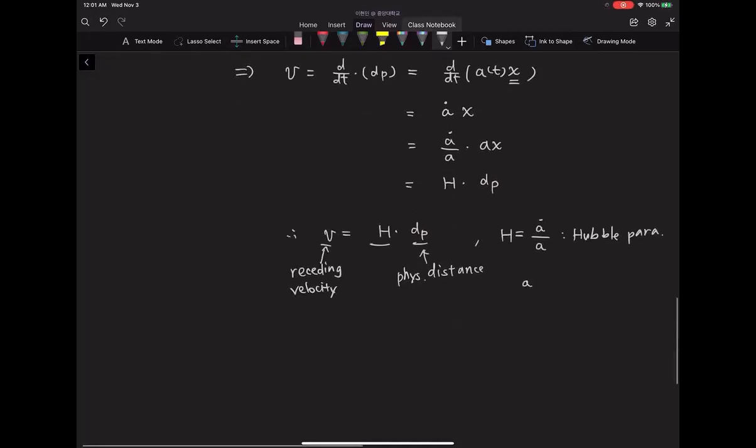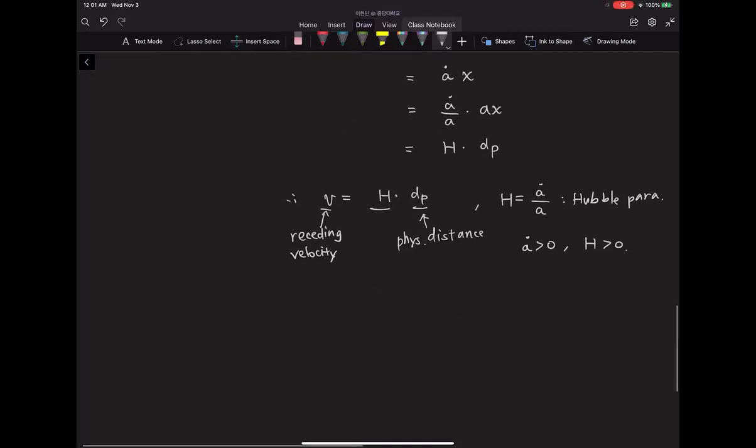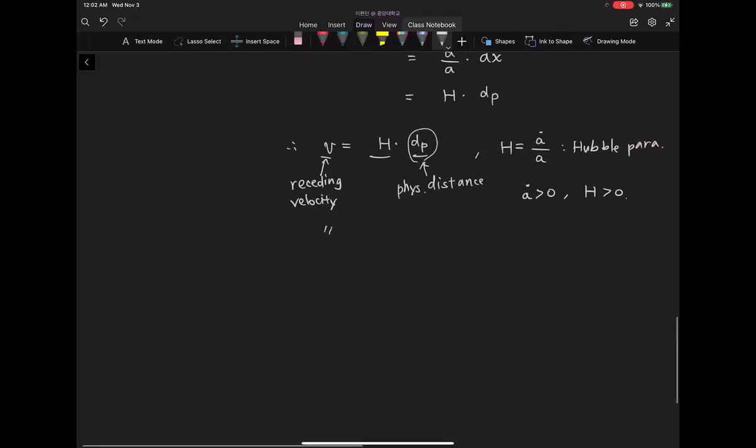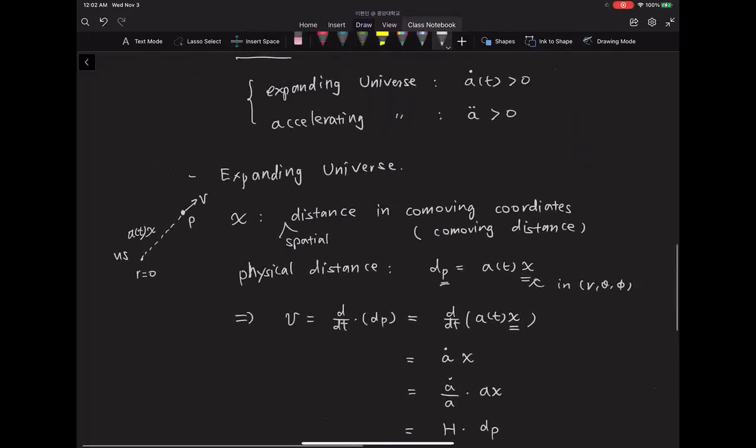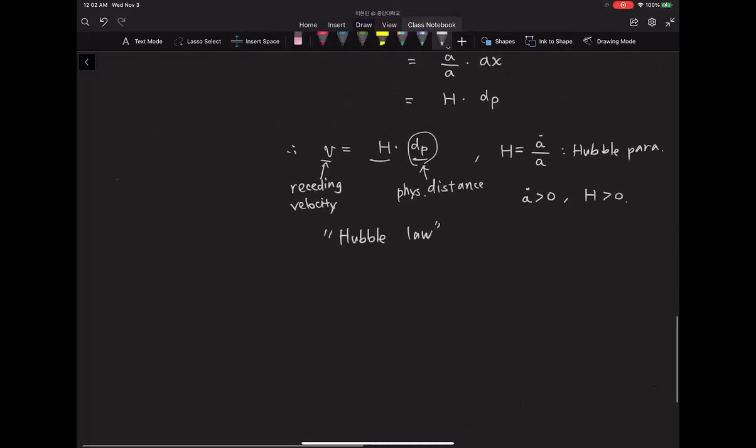Since the universe is expanding, the Hubble parameter is greater than 0. So that means the galaxy is getting away from us in proportion to the physical distance. So this is the Hubble law. This is the first implication of the expanding universe.